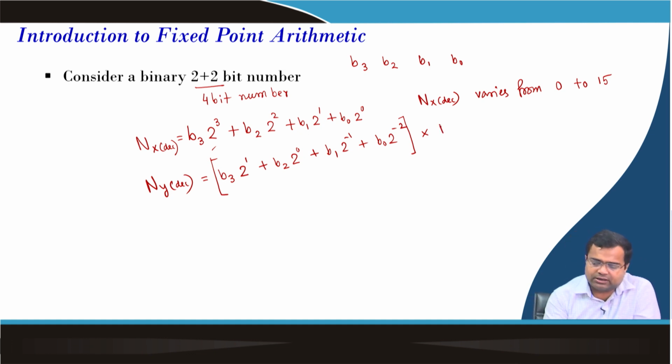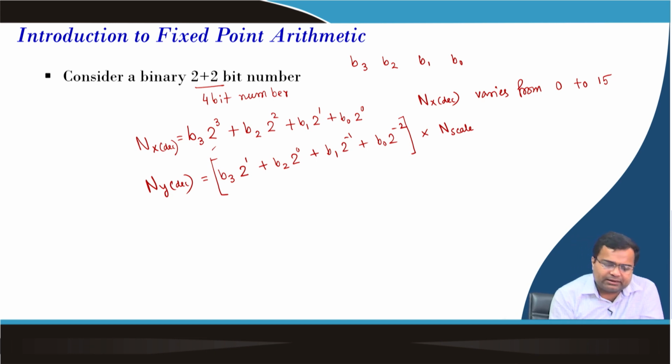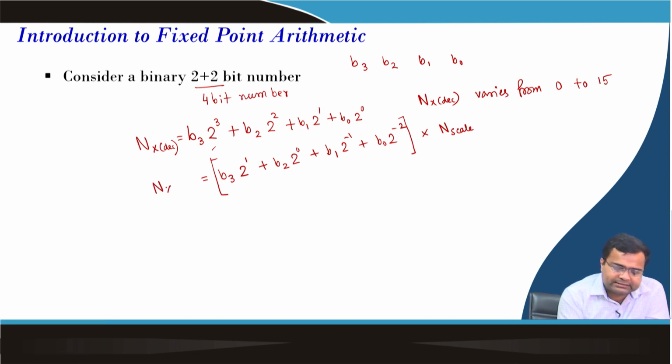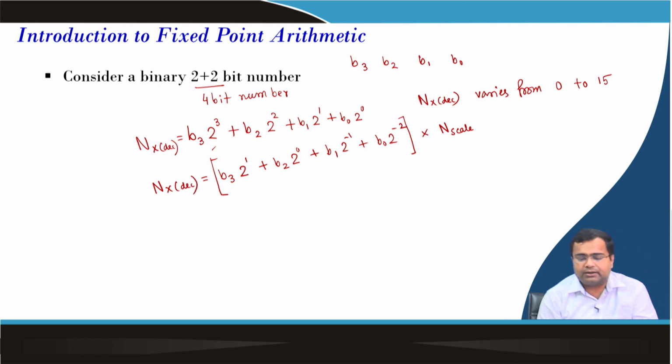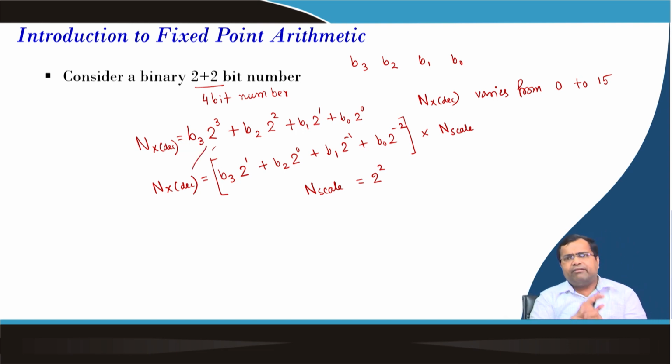What is the scaling factor? That means I can continue the same number here, because we want to write the same number nx in decimal, the same number with a scaling factor. So, here n scale is equal to 2 to the power 2, because if you multiply 2 to the power 2, everything is the same. So, I took 2 to the power 2 out.